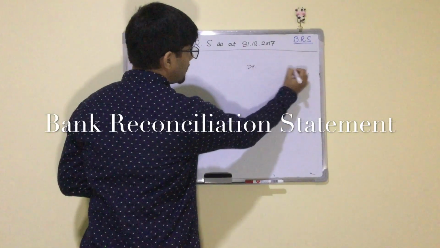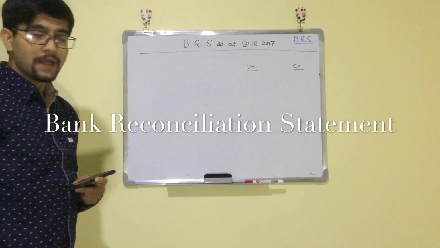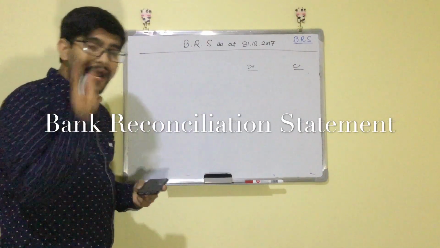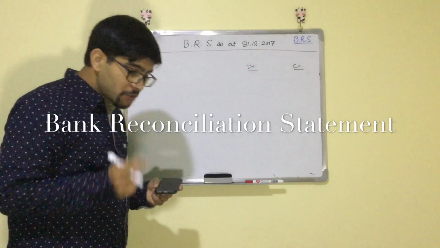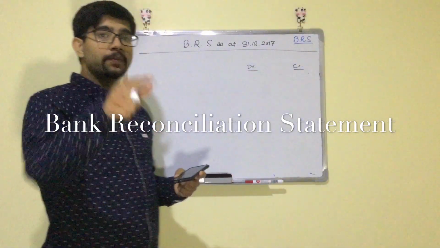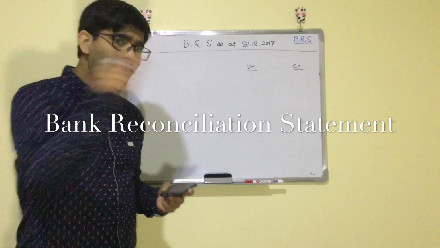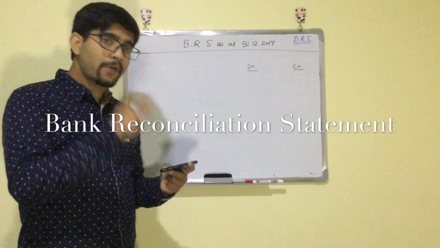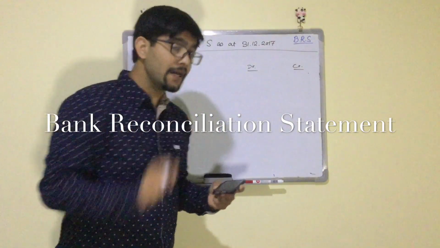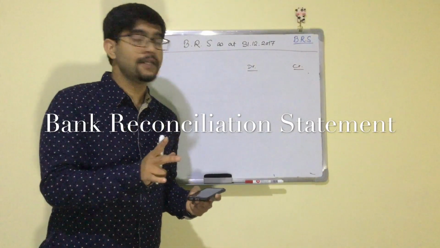We already know if we start from the cash book, we have to adjust the cash book, and in order to adjust the cash book, every positive will be debited, every negative will be credited. Similarly, if we start from the passbook balance, every positive will be credited and every negative will be debited. So there is a reversal fundamental.